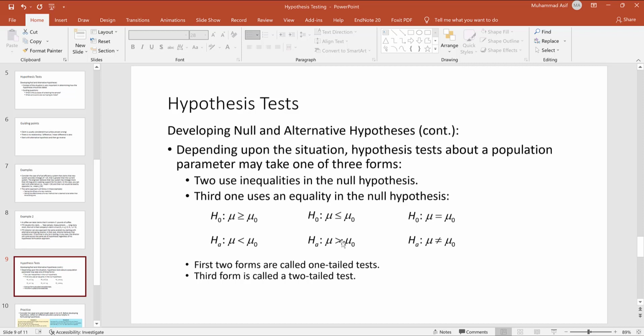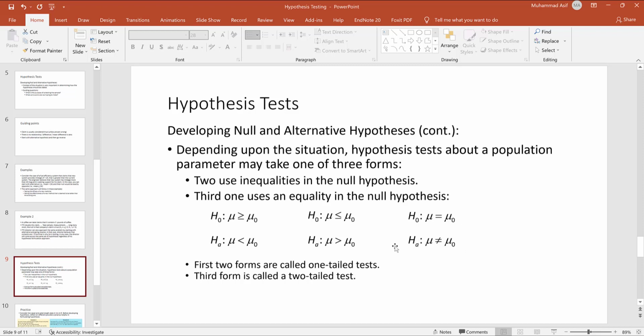And the third form is whereby a researcher formulates the research hypothesis by believing that the two systems or two variables are equal, and then the alternative hypothesis would state that they are not equal.